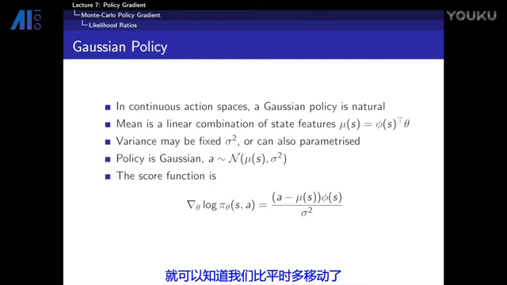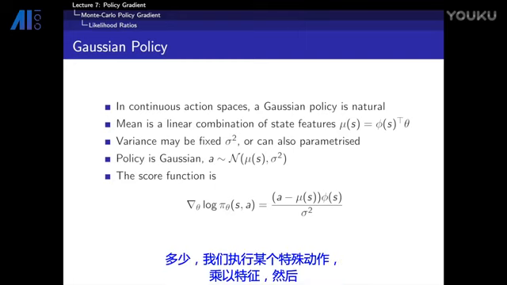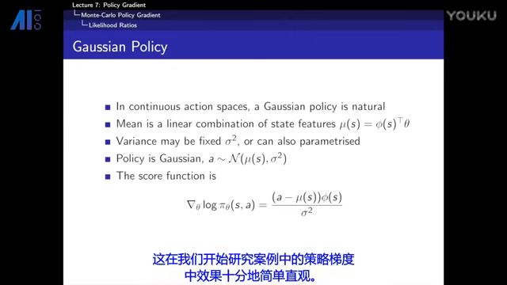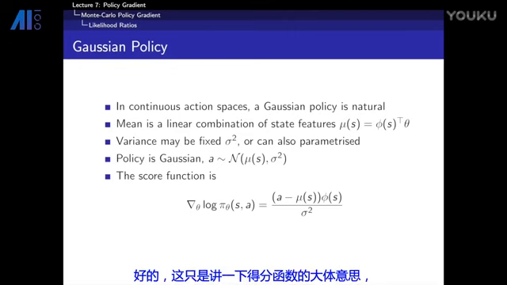That tells us how much more than usual we're doing a particular action. Multiplied by the feature. And then we just scale that by the variance. So in both of these cases, the score function takes this form of sort of how much more than usual am I doing something. And that's quite intuitive when we start to look at these policy gradient updates.